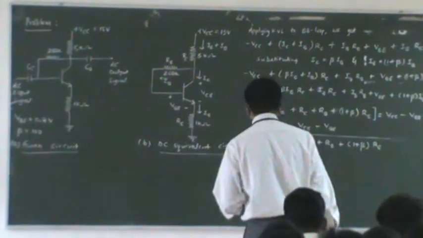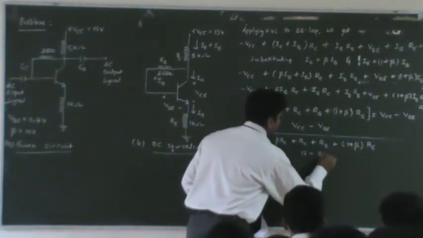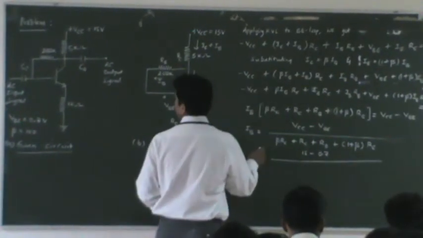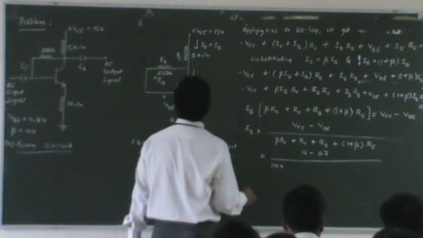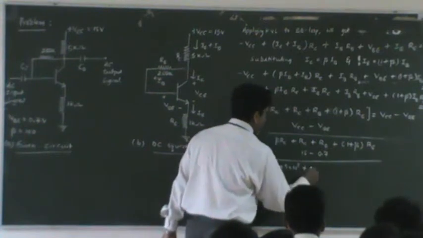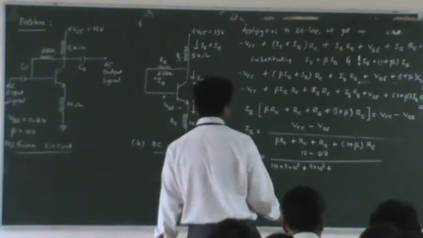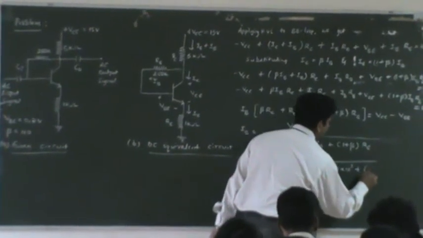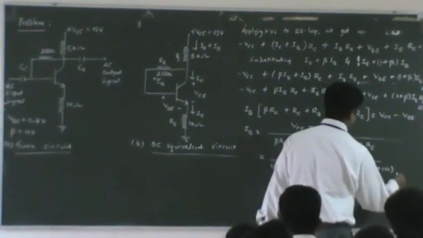The value is 17.74 microamperes. VCC is given as 5, minus 0.7, divided by beta times RC, beta is given as 100 into RC which is 5 kilo ohm, plus RC again 5 into 10 power 3, plus RB given as 200k, 200 into 10 power 3, plus 1 plus 100 times RE, RE is given as 1 kilo.